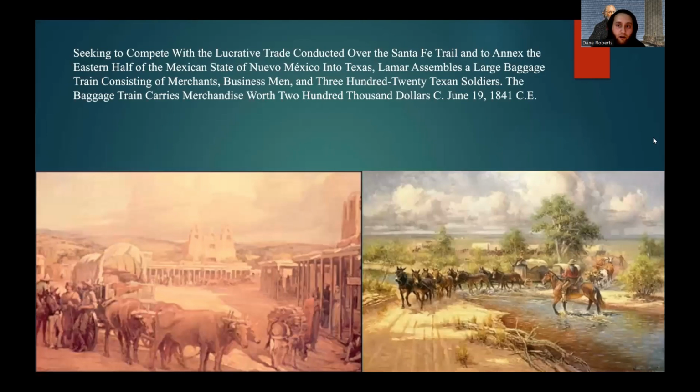Well, on June 19th, 1841 CE, seeking to compete with the lucrative trade conducted over the Santa Fe Trail and also seeking to annex the eastern half of the Mexican state of Nuevo Mexico into Texas, Lamar would assemble a large baggage train consisting of merchants, businessmen, and 320 Texan soldiers, including Texas Rangers, but not only Texas Rangers. The baggage train would carry merchandise worth $200,000.